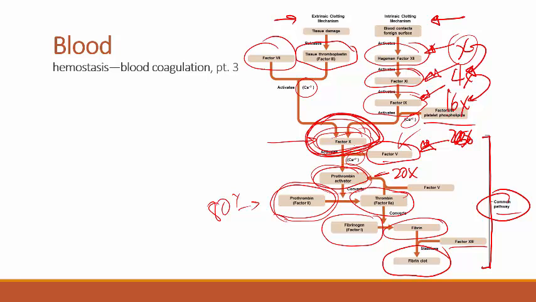Again, I'm not trying to make this exact, but maybe we have 64X of factor 10 being formed, which then leads to 256 times the amount of X of prothrombin activator, and so on.